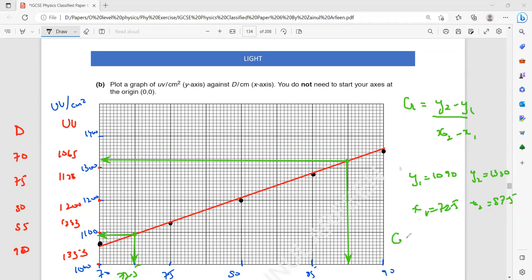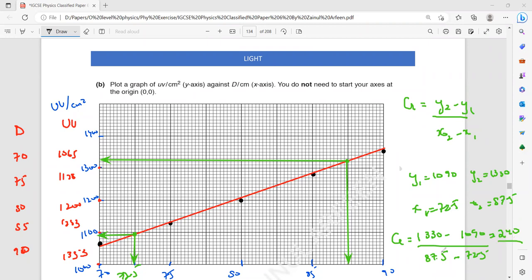Then we use the formula that gradient is y2 minus y1, so 1330 minus 1090, divided by 87.5 minus 72.5. Whenever such a question is there, solve the numerator and denominator separately. First, the numerator: 1330 minus 1090 is 240.